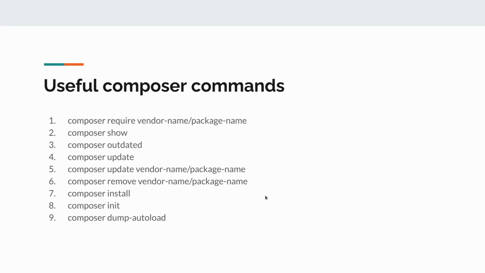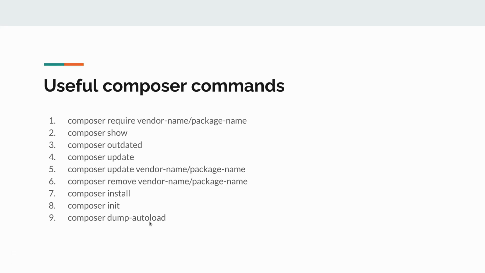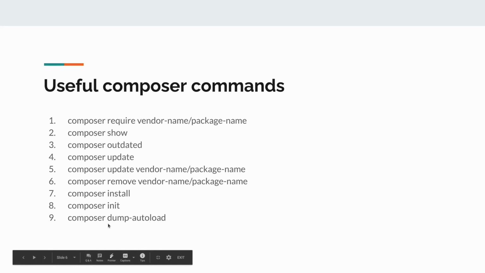So for instance, if you need to install a package, you do composer require and define a vendor name and package name, or basically a package name. If you want to uninstall a package, you do composer remove and the package name. Once you have finished composing a composer.json file, you do composer dump-autoload.